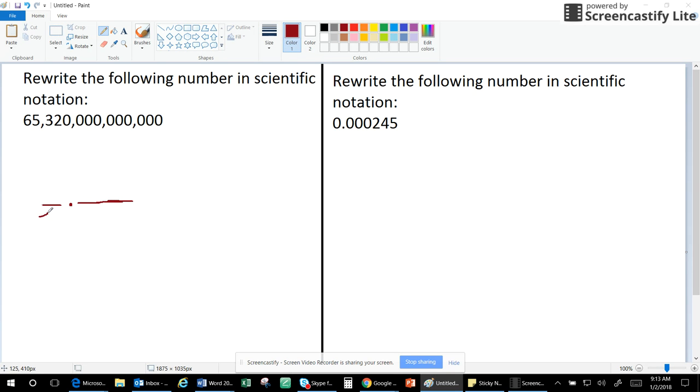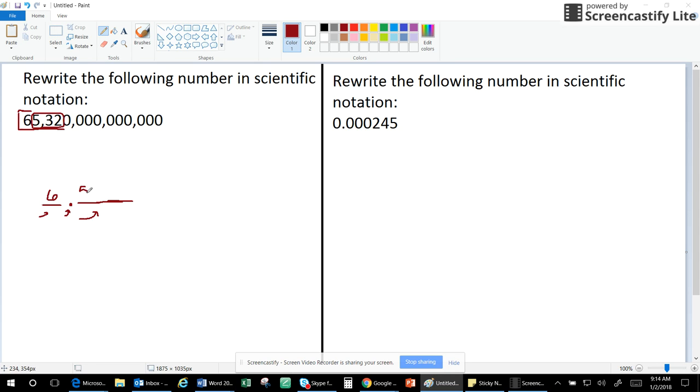So I put a space for the one digit, there's the decimal place, and then every other significant digit is what we refer to them as after that decimal place. So for example, when I look at this number, I see that I have 6 is the first digit that is significant. So the 6 is going to go before the decimal place, and then the rest of the significant digits go after. So this is 5, 3, and 2.